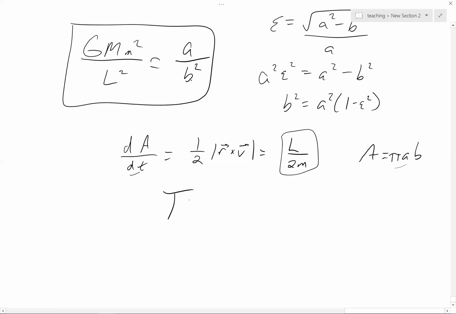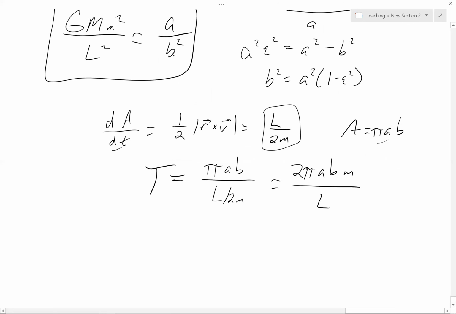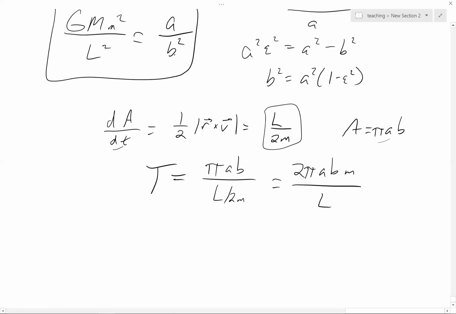That'll give me my period. So pi a b over L over 2m, which is pi a b times 2m over L. Now, of course, Kepler's third law has T squared in it, so let's square everything. T squared is 4 pi squared a squared b squared m squared over L squared.